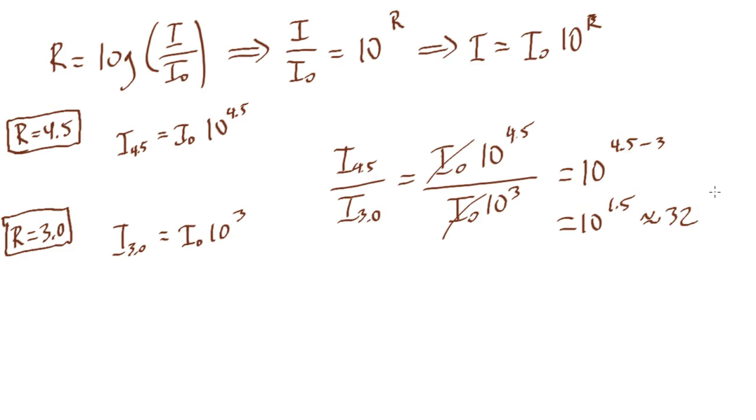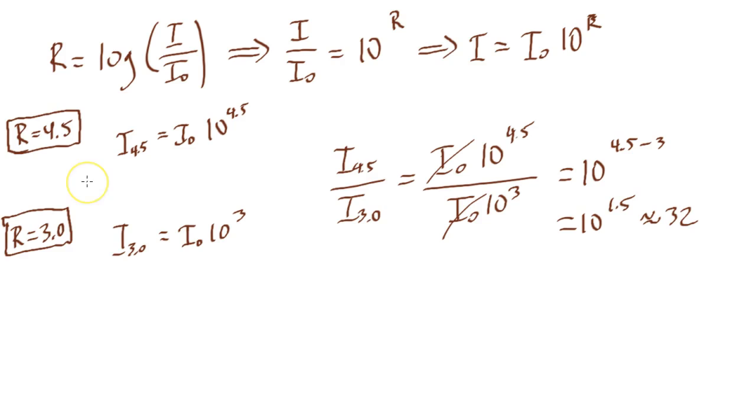If we have a magnitude of 4.5 compared to a magnitude of 3.0, the intensity, which is what they're asking about, is 32 times bigger. If we actually calculated I, which we could if we knew what I sub 0 happened to be, we would notice that I will end up being 32 times bigger for 4.5 compared to 3.0.